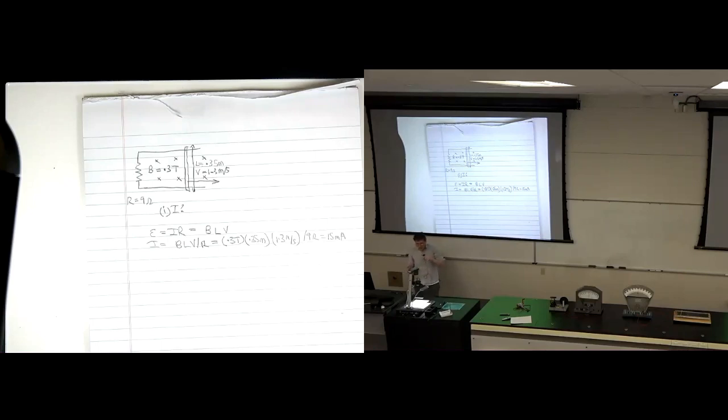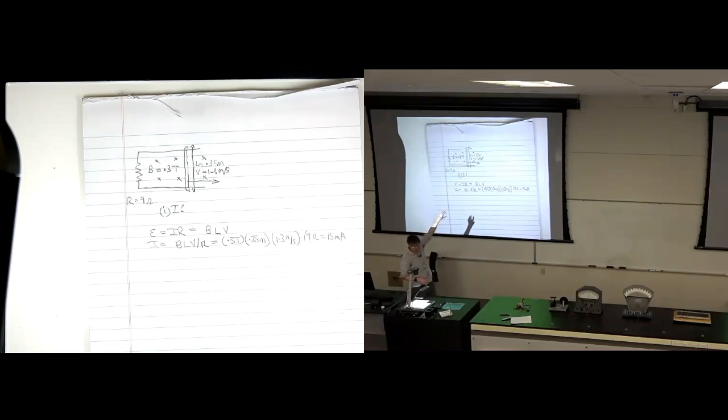Lenz's law says that the induced magnetic field of the induced current will oppose the change in the external magnetic field. If we look at the sketch, as the rod moves towards the right, the number of field lines through the circuit into the screen is getting bigger and bigger.